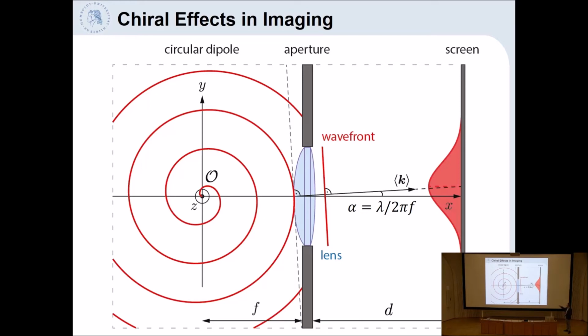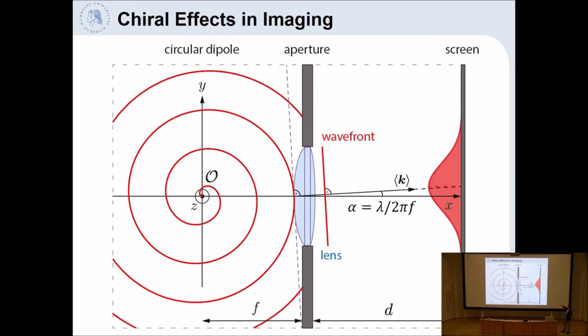And if I now send this light in the far field on a screen by either putting another imaging lens or just sending it at a large distance, I will get a point spread function of my emitter, and the centroid of my point spread function will be shifted away from the optical axis because of this tilted k vector of the wave here, okay?